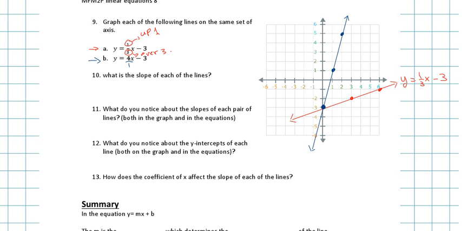What is the slope of each line? What's the slope of the blue line? What's the slope of the red line? 1 over 3. What do you notice about the slopes of each pair of lines? They're different, right?